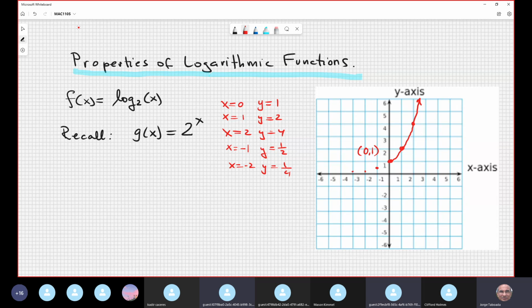Negative 3 and 1 over 8. And this approaches this. I also remember that our exponential function contains one horizontal asymptote at y equals 0 without transformation. Okay, understand.